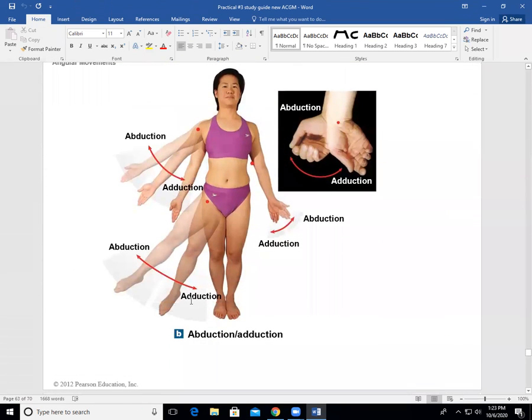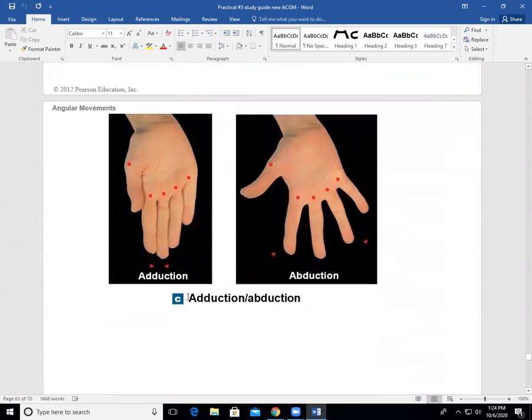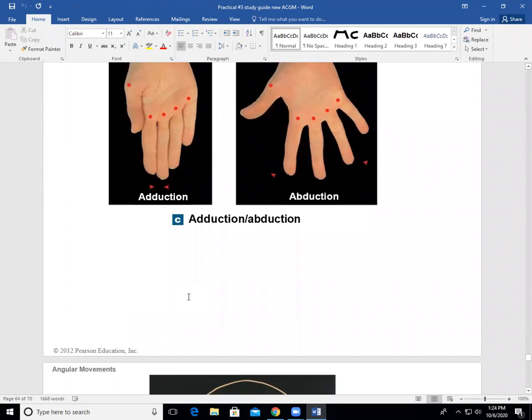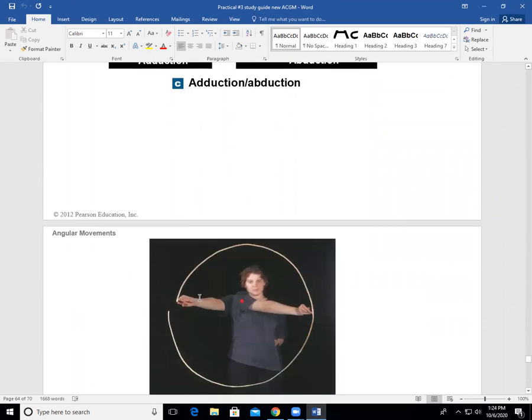All right. If you're going angular wise, going away from the midline is abduction, back toward the midline is adduction. Same with your wrist, abduction, adduction. Same with the feet or legs, abduction, going out, adduction. Same with the fingers, abduction, adduction.